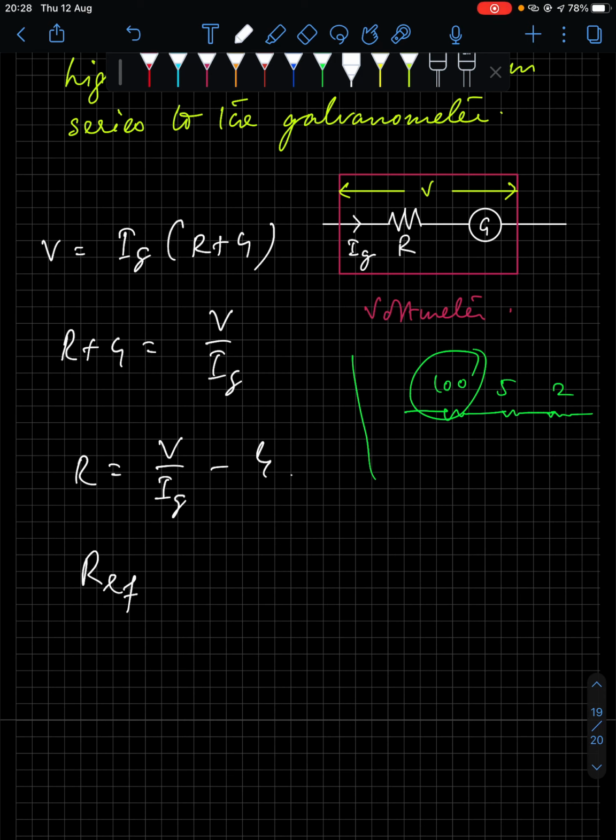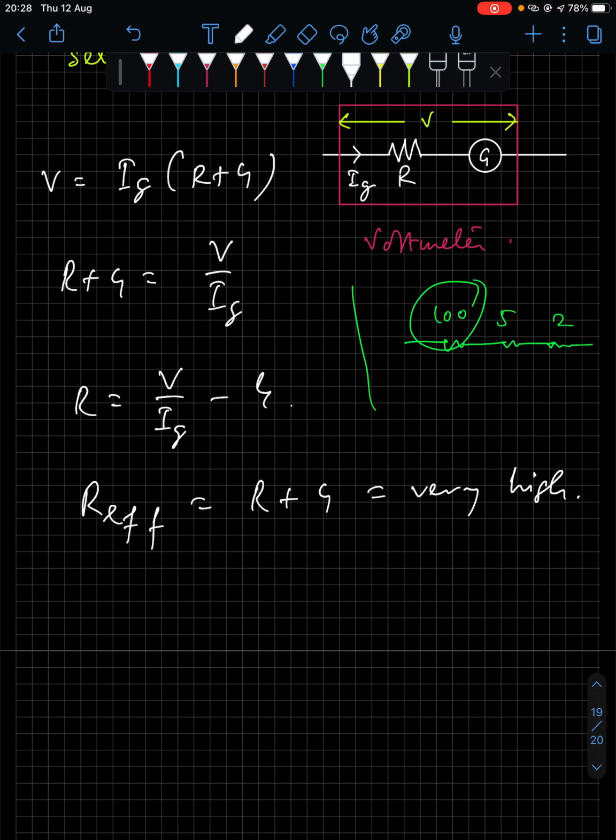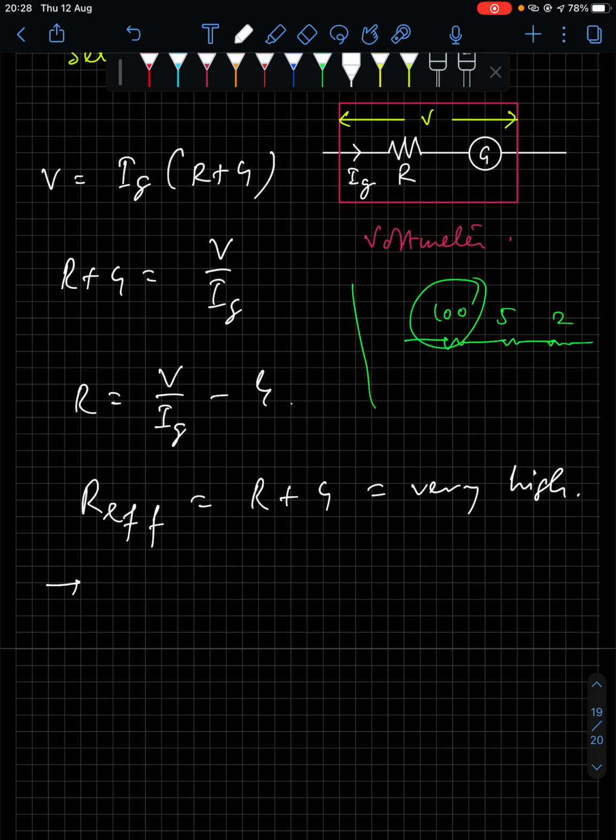Effective resistance in a voltmeter is R plus G, and this has to be very high. So again, an ideal voltmeter will have infinite resistance. R will be equal to infinity.